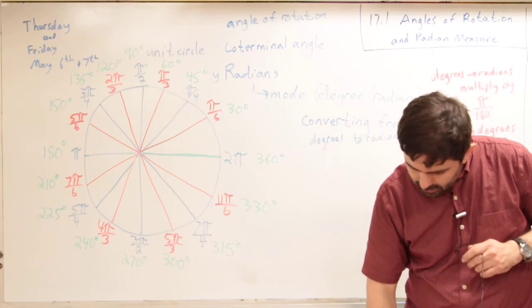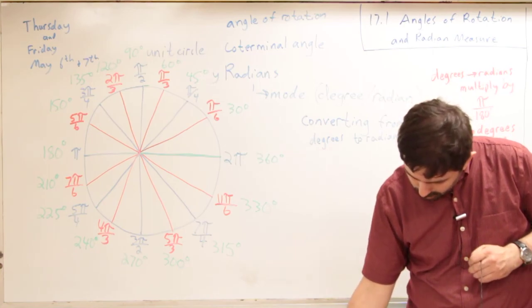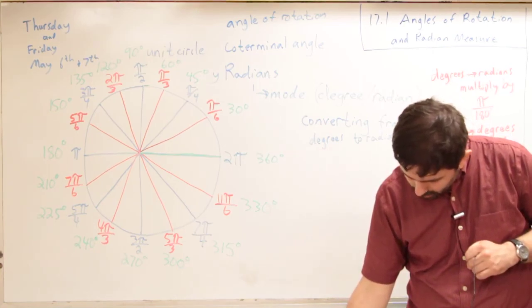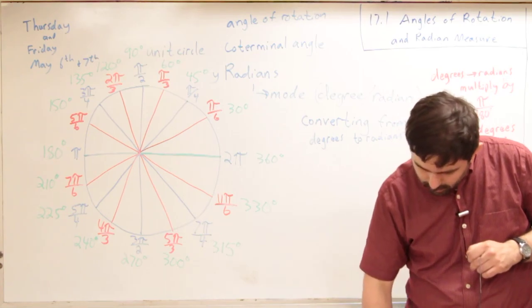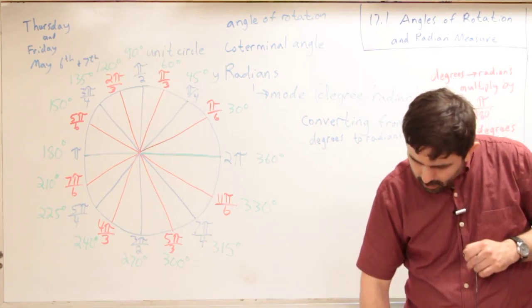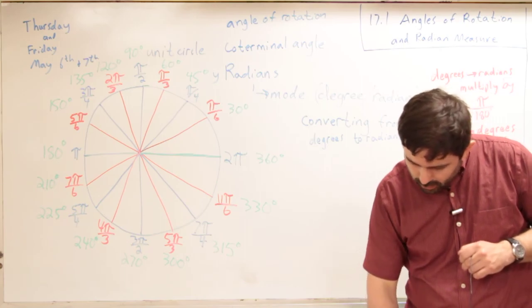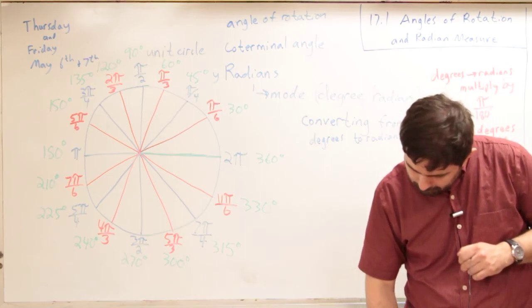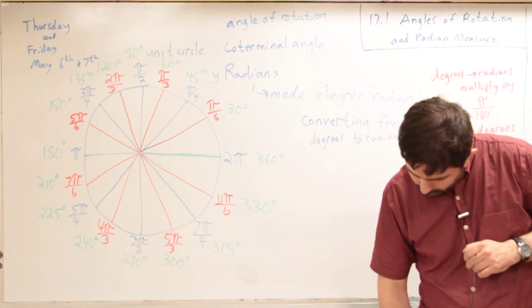Okay, so that takes care of coterminal angles, converting angles from radians to degrees and degrees to radians. Let's take a look at one story problem. And that will be in our next video.